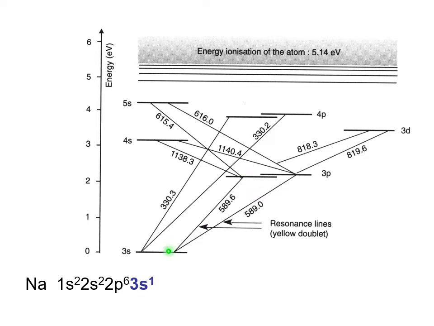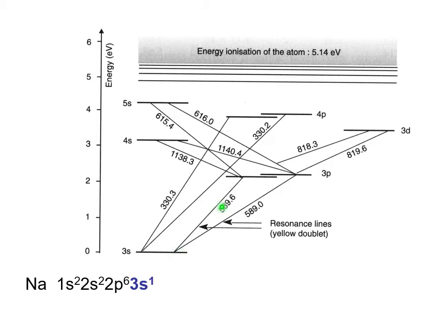It is possible to send it to the 3p orbital or to the 4p orbital. It is impossible to send it from 3s to 4s or from 3s to 3d because of symmetry rules. Physicists can explain them to you.